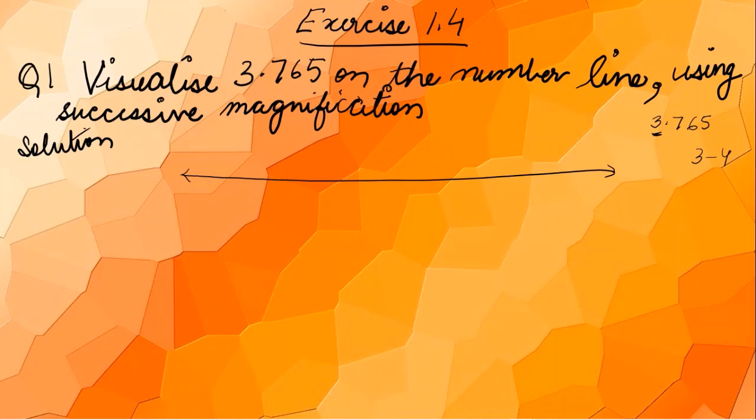So just draw the number line 0 1 2 3 4 5, and here the negative terms will be -2, -3, -4, and so on. Your number will be lying between this 3 and 4. Okay, so your magnifying glass will be over here.